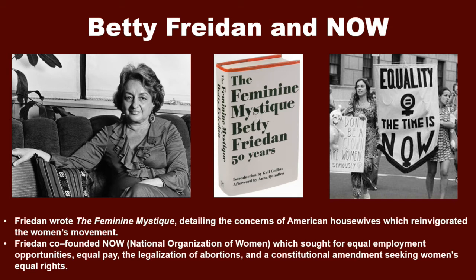And she is going to be the founder of the organization NOW, the National Organization of Women. And they are going to seek out equal employment opportunities, equal pay, the legalization of abortions, and a constitutional amendment seeking women's equal rights.